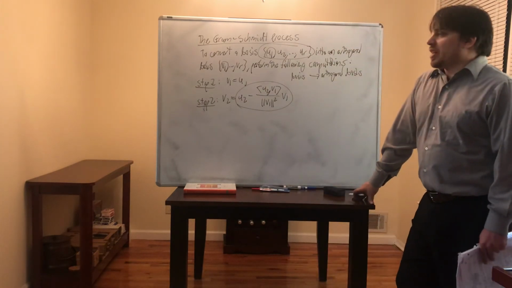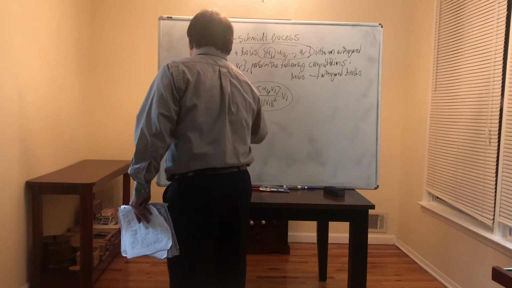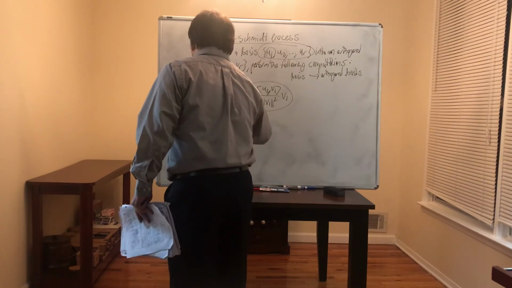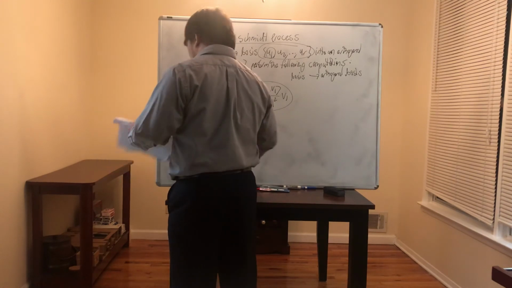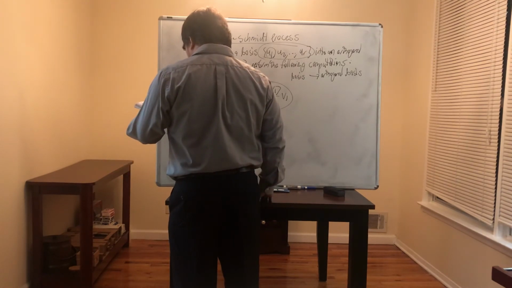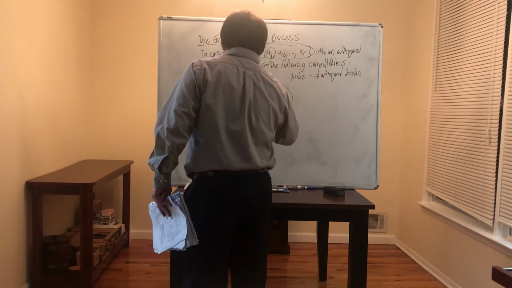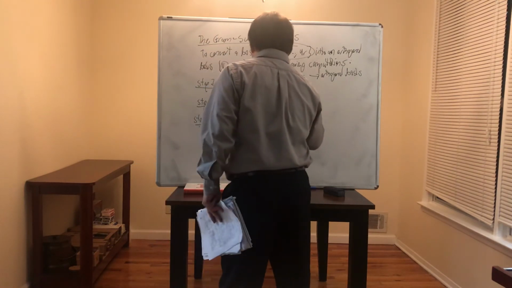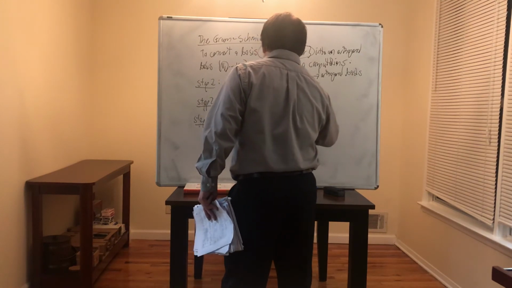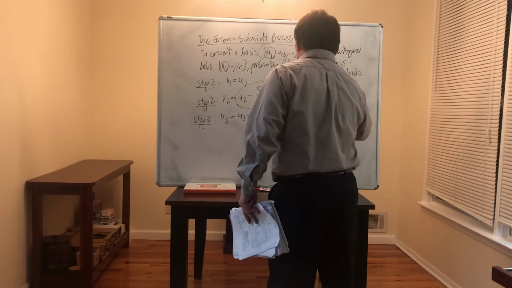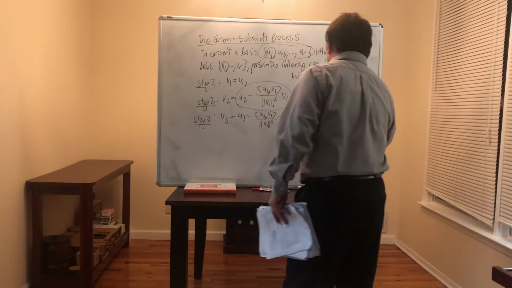You'll make that the second vector in your orthogonal basis. Step 3: v3 is going to equal u3 minus the inner product of u3 and v1 over the norm of v1 squared times v1, minus the inner product of u3 and v2 over the norm of v2 squared times v2.